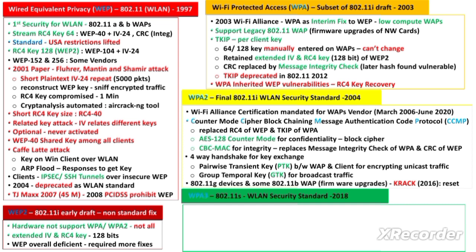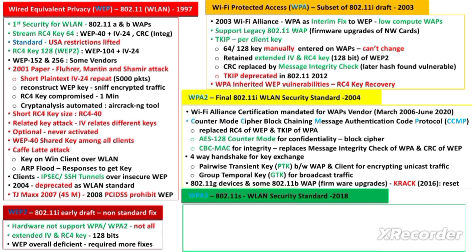So the aim of KRACK was to reset the keys of WPA2 by forcing the four-way handshake of wireless access points.